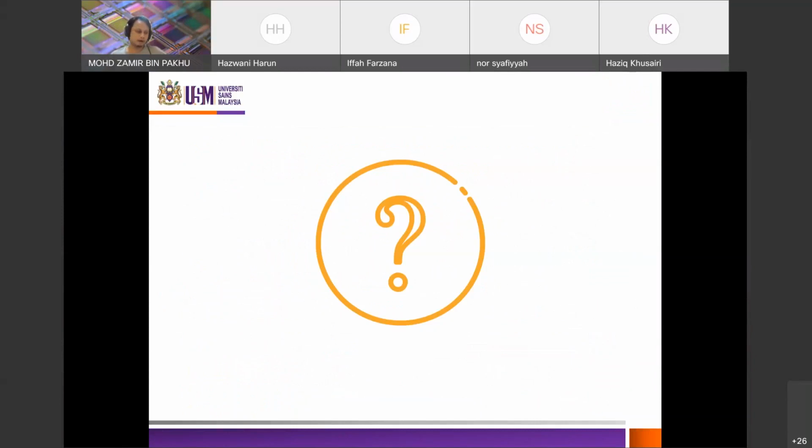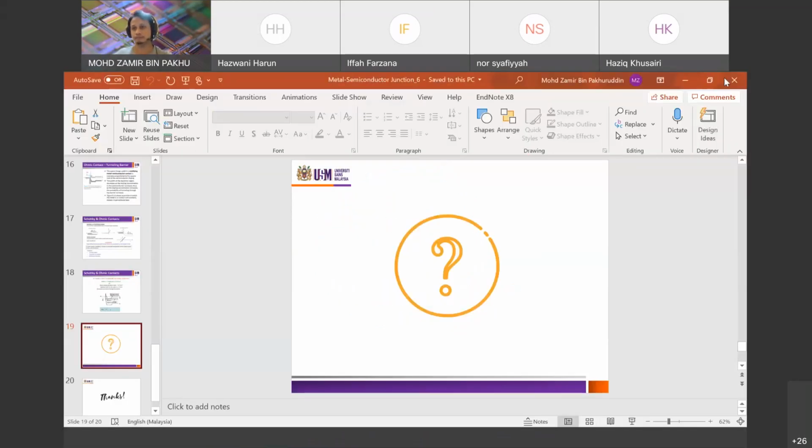Then we're going to talk about the semiconductor heterojunction, for example crystalline silicon or amorphous silicon or zinc oxide or cadmium telluride, different materials entirely. We'll come back to that after we finish with the semiconductor metal junction.